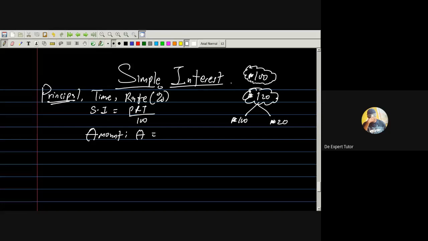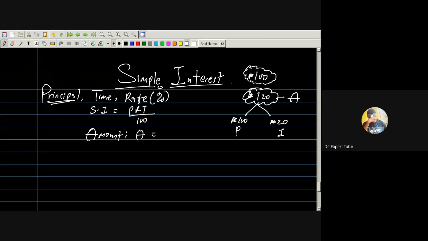This 100 naira is my principal, P. This 20 naira that was added is my interest. By the time you pay back to me, you will pay 120 naira. This whole 120, we call the amount.